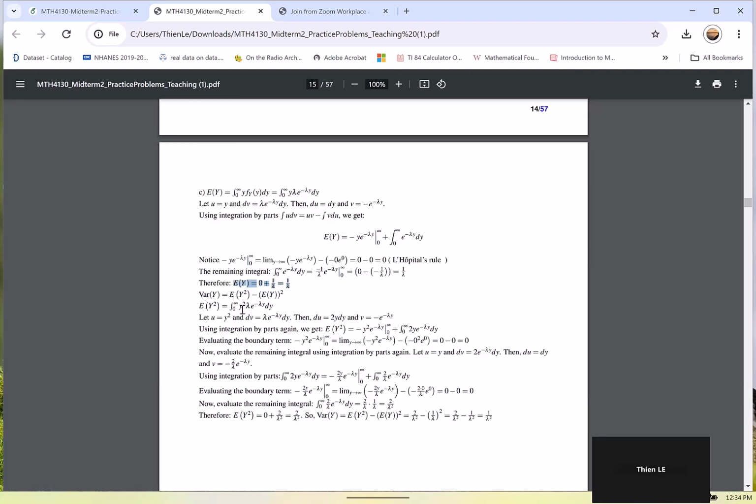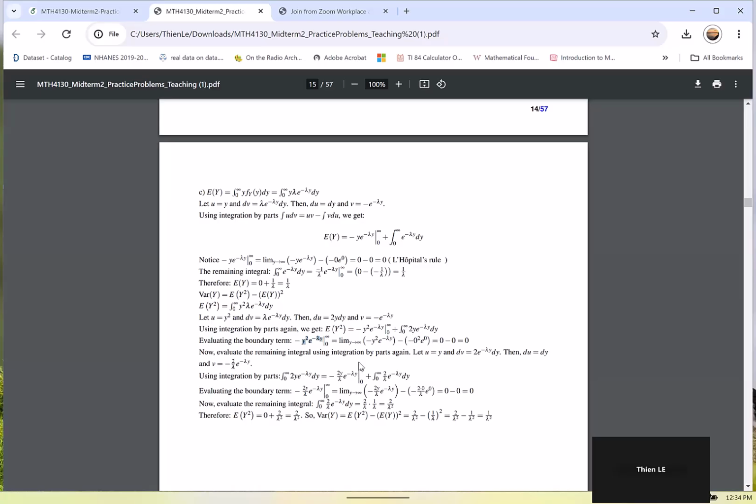And similarly for E of Y squared, right, you need it to find the variance of Y, which is you do integration by parts 2 times, okay? One time, and you go down, do another time, and you should be able to get all this, evaluating step by step. You can confirm those.